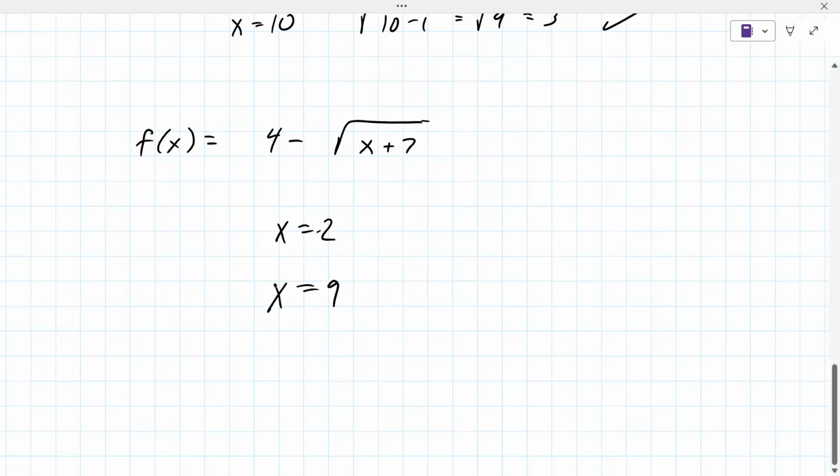X equals 9 works. Good. I want a negative x value now. Give me a negative number that you know will work. -6. Yeah, -6 is a good one.